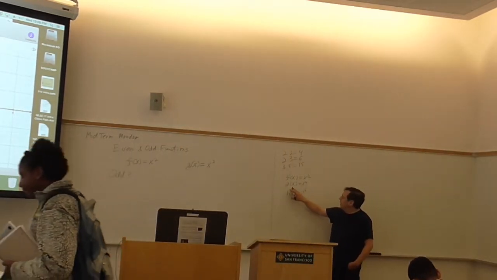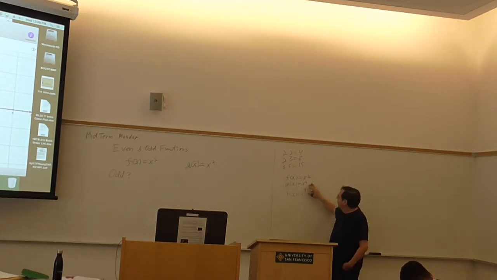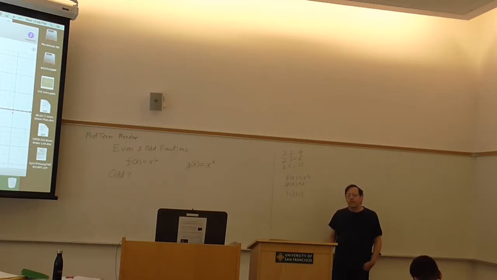Similarly, if we multiply f of x and g of x, where g of x is an odd function, we're going to get, wait a minute, something's wrong here.